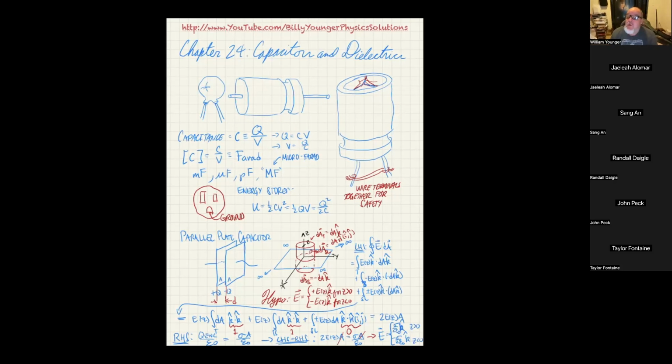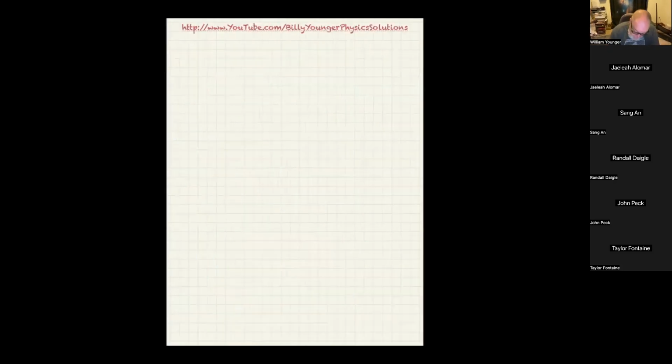All I've got to do, I've got 2 minutes left. So the electric field between the plates, if I write my plate here and write my plate here, actually, let's take this one and make it red. So this is negative Q, and this is positive Q. And I get an electric field between the plates of sigma over 2 epsilon naught due to the positive plate, but I also get a field pointing this way of sigma over 2 epsilon naught due to the negative plate.